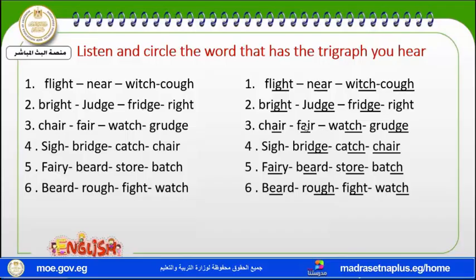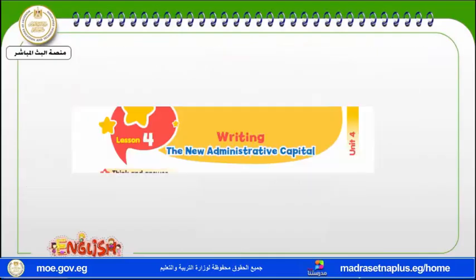It can be consonants, vowels, or a mixture of both. It can be a mixture like IGH, it can be vowels like EAR, and it can be consonants like TCH. This was the trigraph found in these words.